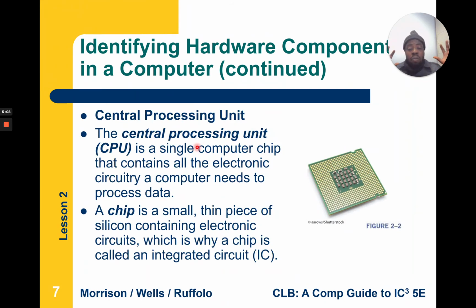If your computer is going to work, all this functionality comes from the CPU. A chip is a small thin piece of silicon containing electronic circuits. That is why a chip is sometimes called an integrated circuit, IC.